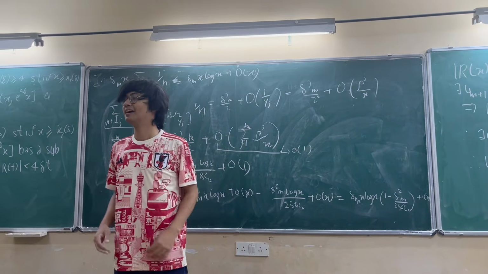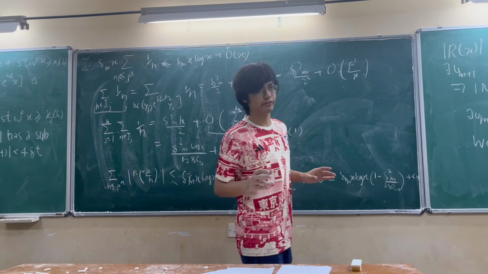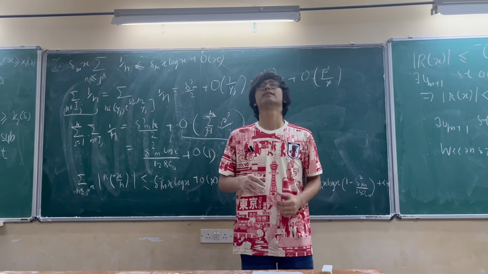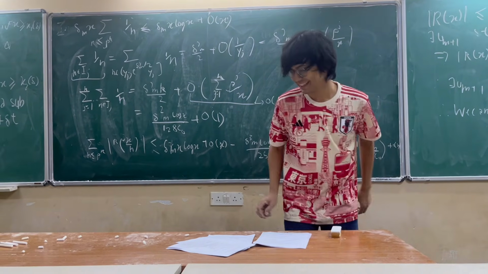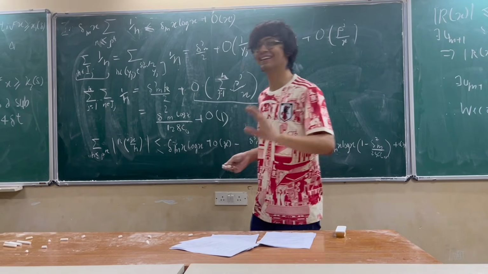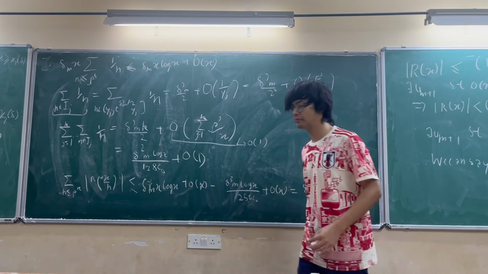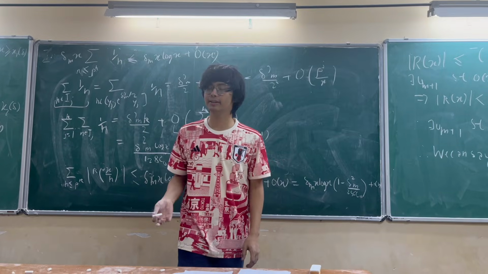So the reference I would suggest would be An Introduction to Elementary Methods in Number Theory by Melvin B. Nathanson.